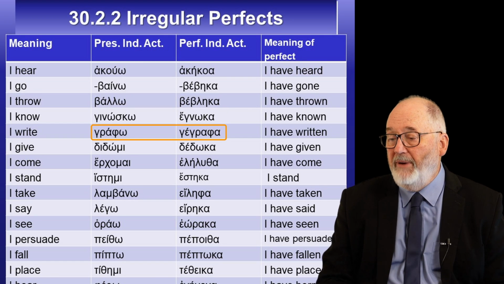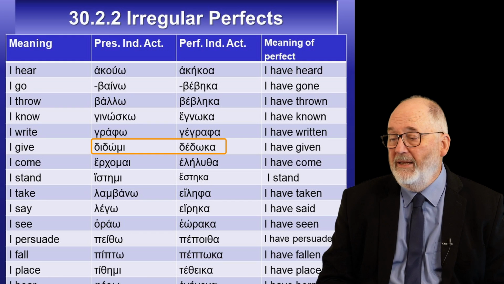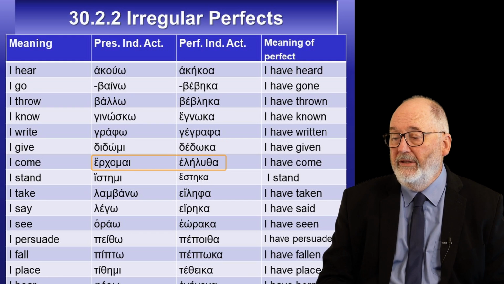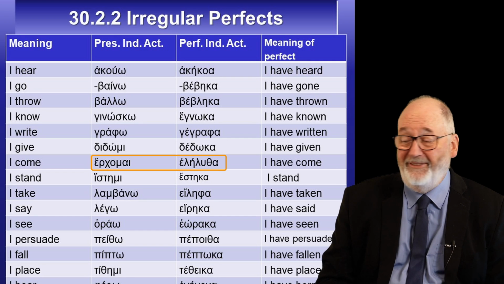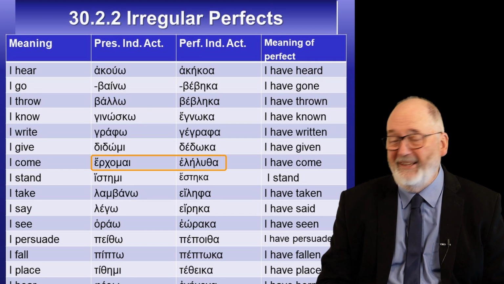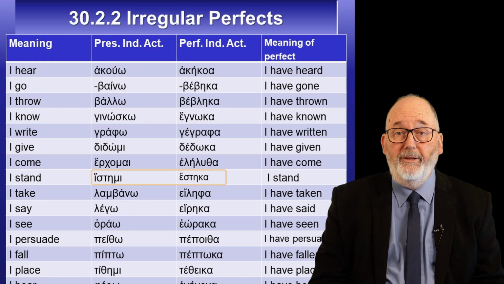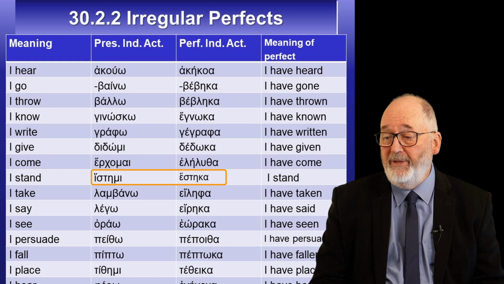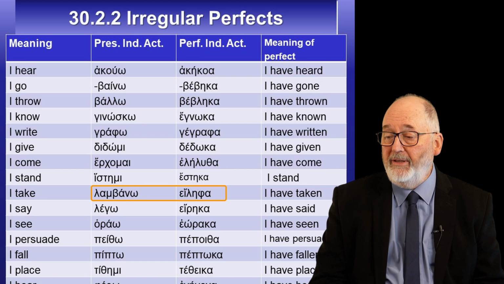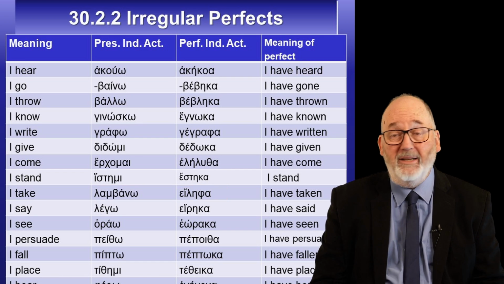Grapho becomes gegrapha. Didomi becomes dedoka. Erchomai, one of my favorites, becomes elēlutha. Wow. The perfect tense of histemi is hestēka. Of lambano is eilēfa, etc.